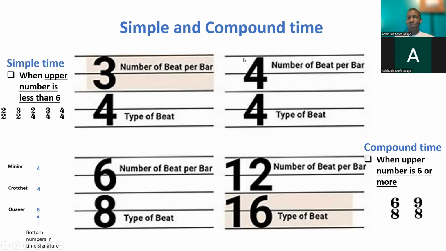This one also is simple time because the top number is below 6. Compound time is when we have the top numbers as 6 and above. So this is compound time because the top number is 6. And this is also compound time because the top number is above 6.